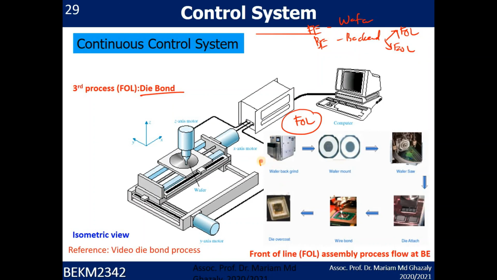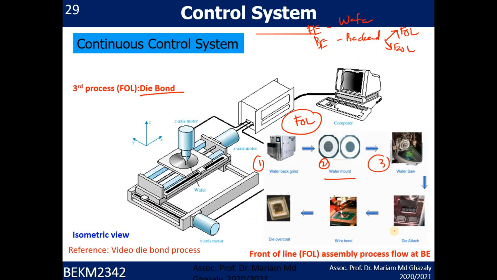First is wafer back grind, where we grind the wafer to make it thin. Then the wafer mounting process, mounting the wafer onto the machine. Third is wafer sawing, which cuts the wafer into small chips. Next is die attach, to attach the chip onto the base.